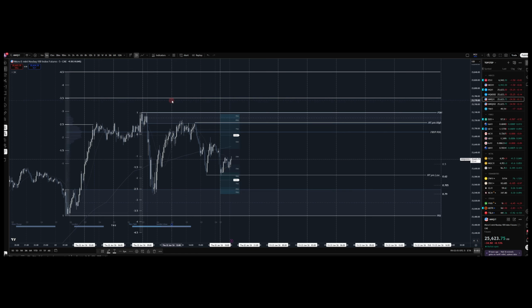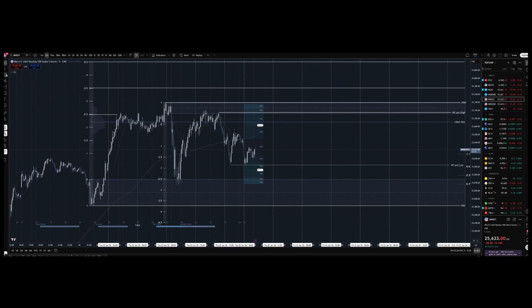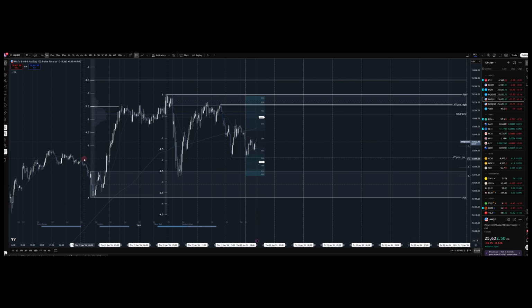And I can use a 3 hour block to look for those manipulation swings, or they call them an apex swing. So this one we had, I'll just go back 2100.